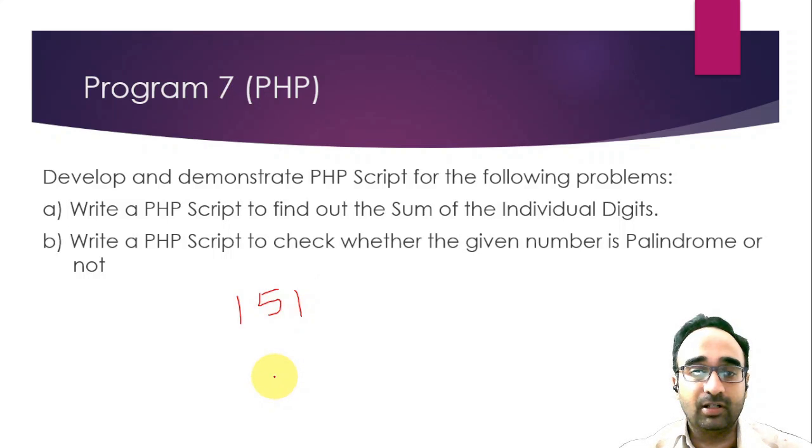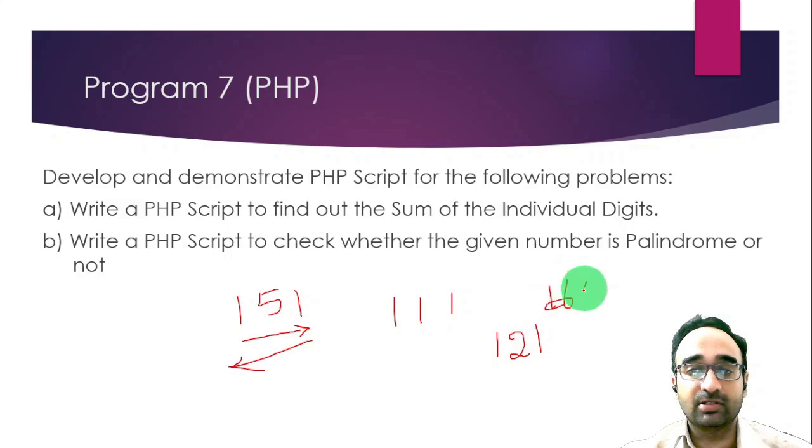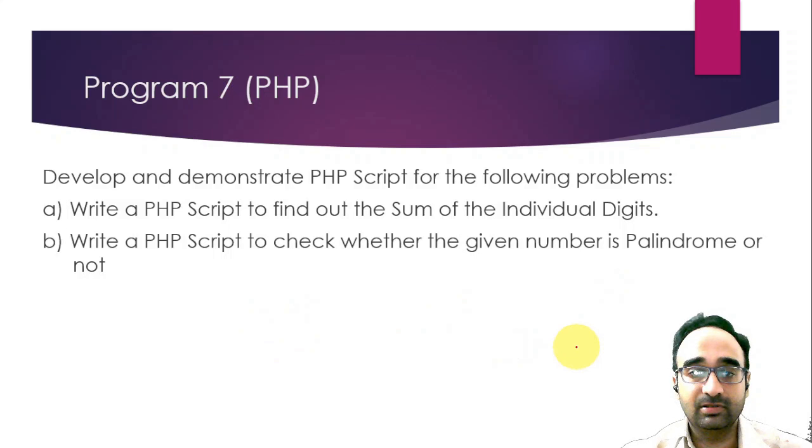I think all of you know what a palindrome is. A number is a palindrome if, whether you read from left to right or right to left, the number is the same. There are lots of examples: 111, 121, 1661. You can write so many numbers like this, right? So let's see the program.